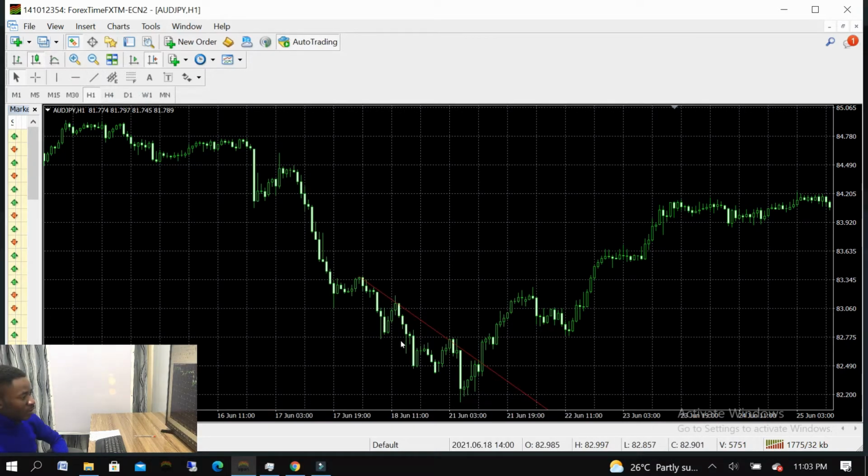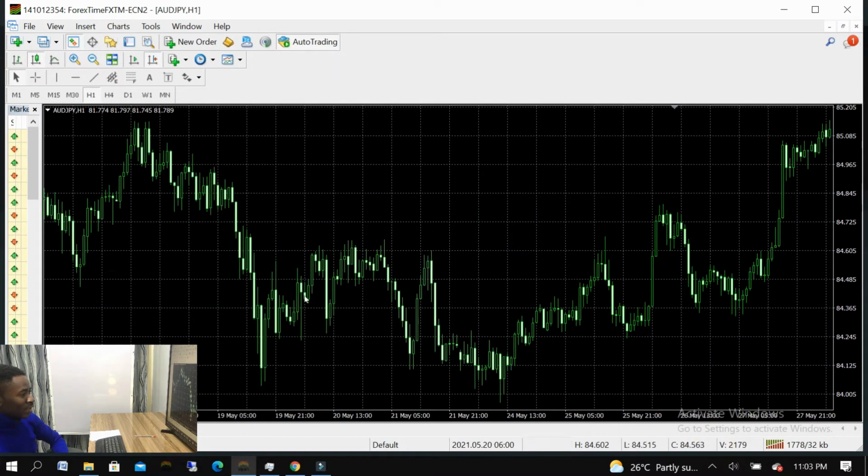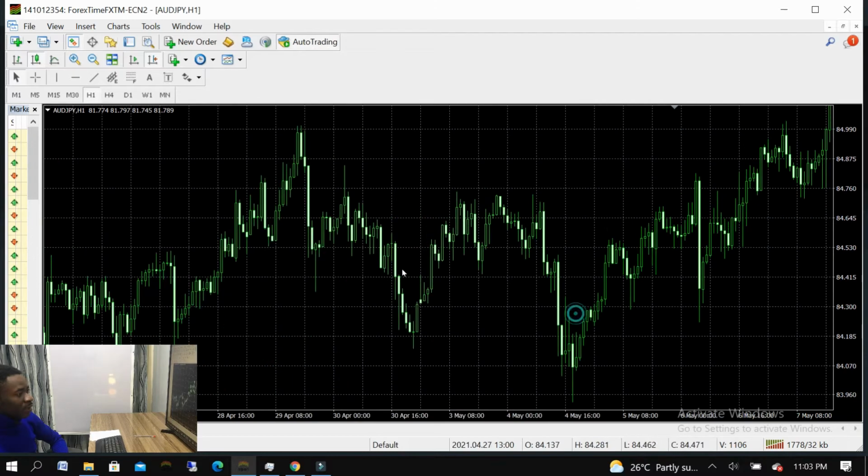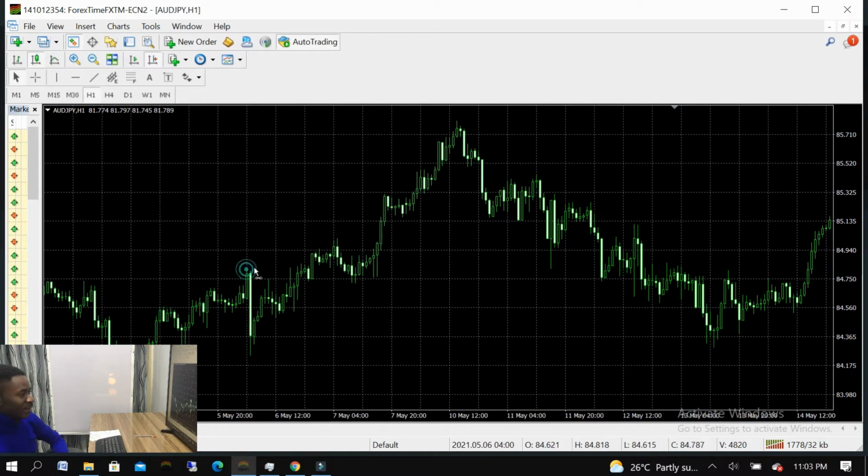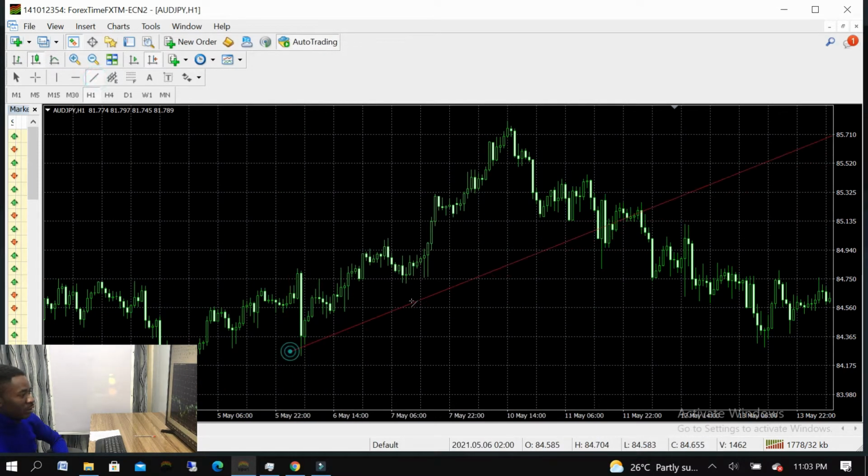So markets came down here, it came up here, came down here, so you can see connected the low together here. So markets broke outside there. If you enter for your sell trade, you will lose, because markets came up immediately. But these are just examples. So it works fine if you know what you are doing.